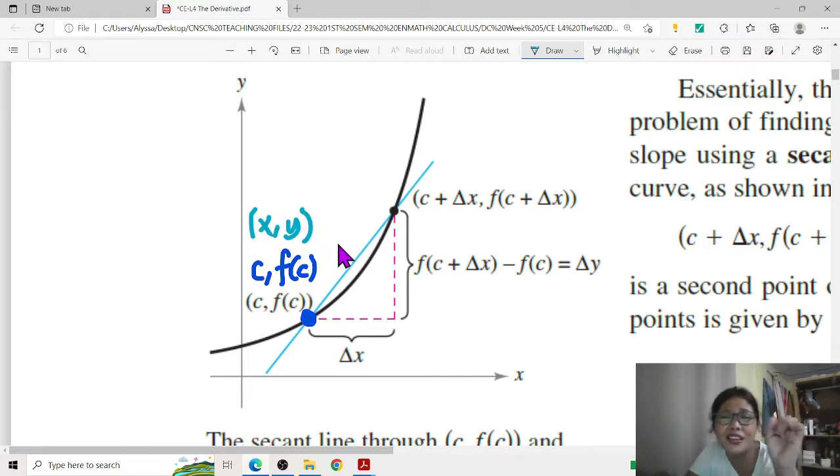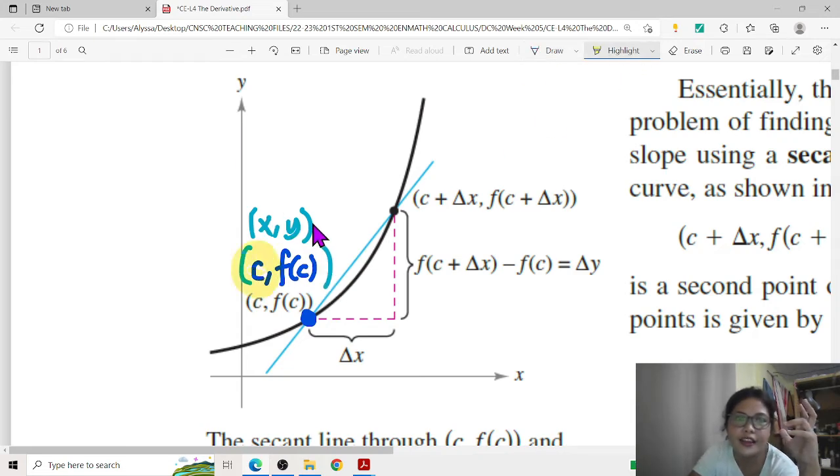So for example, any constant number or any constant point, hindi lang siya particular sa x and y, tawagin natin siyang c and function of c. So this c is your x and then f of c is your y, syempre. So ito yung point 1.